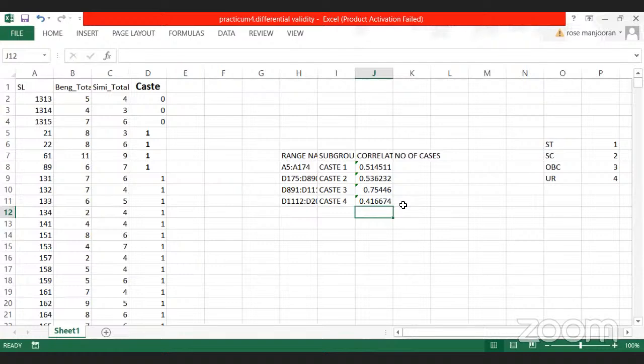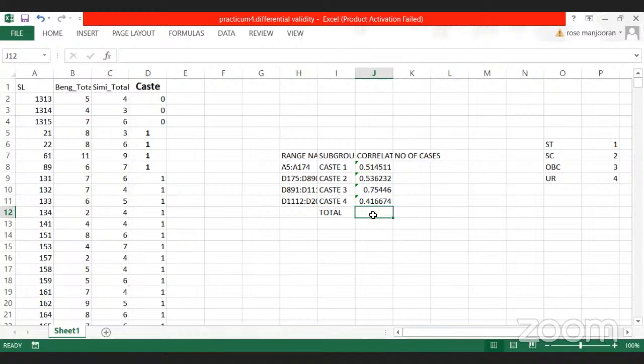Then the next step is to find the total. Before that I will write something here. Okay, let's do this first. Write total here. Then we are going to find the total.